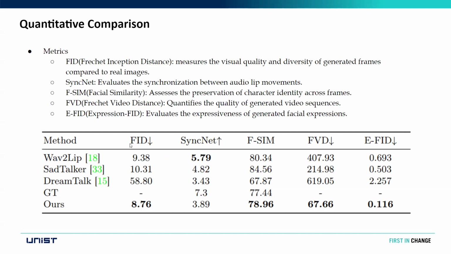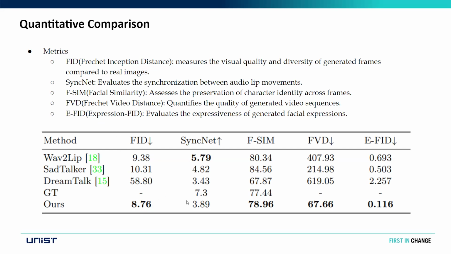As they compared, SyncNet should be bigger, I mean, greater is better. This is just a neural network built to compare the lip movement, so it is not a mathematical metric in that sense.